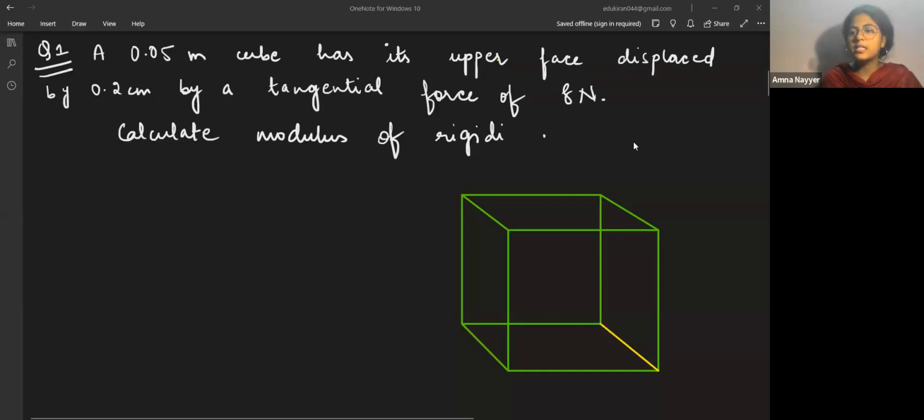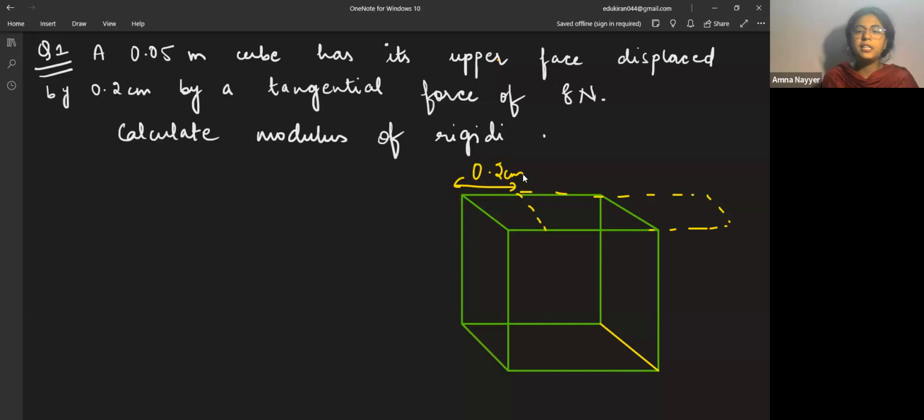See, this question says that a 0.05 meter cube has its upper face displaced by 0.2 centimeter. It means some force must have occurred over here, and this face has displaced 0.2 centimeters, and this length is 0.05 meters.